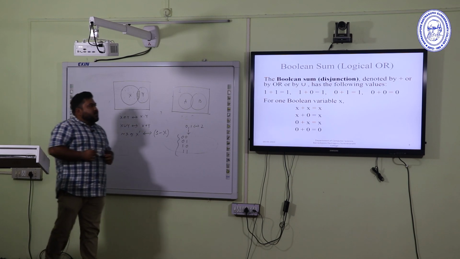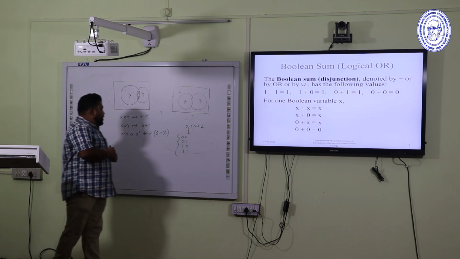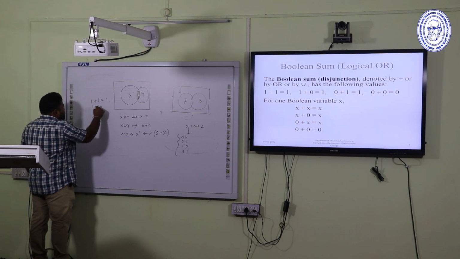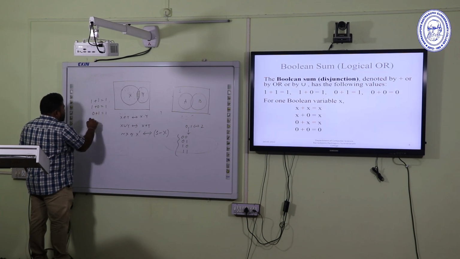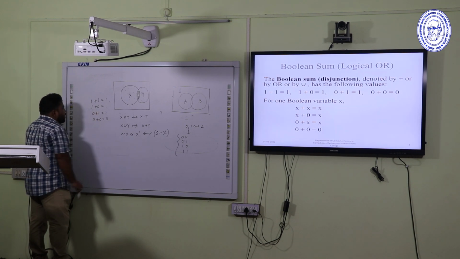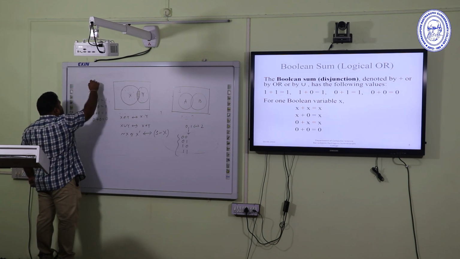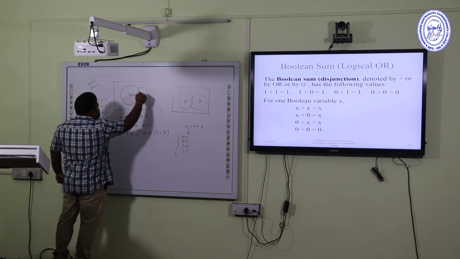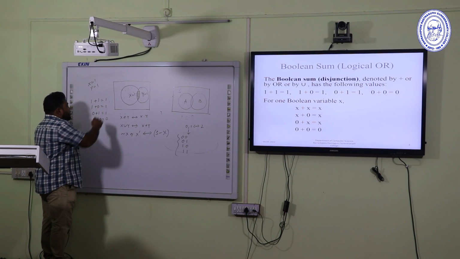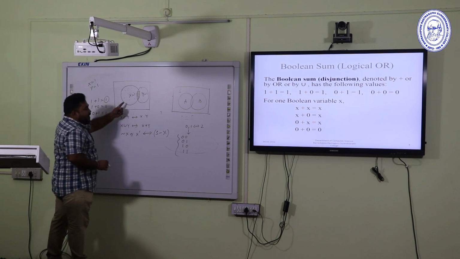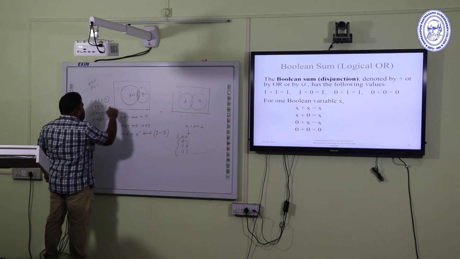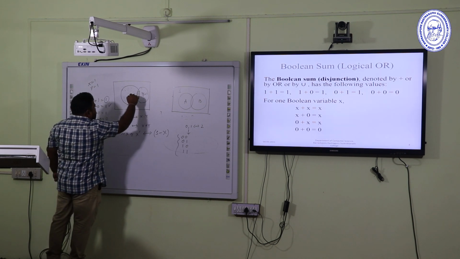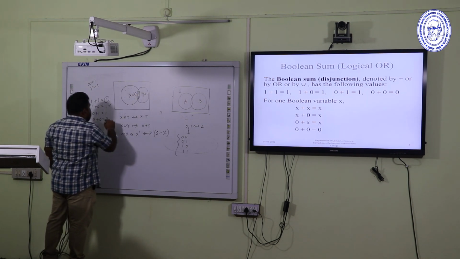So the Boolean sum or logical OR operation is like that: 1 plus 1 is equal to 1, 1 plus 0 is equal to 1, 0 plus 1 is equal to 1, 0 plus 0 is equal to 0. So if x is equal to 1 and y is also 1, then 1 plus 1 means this entire set, that means 1. 1 plus 0, here x is there but y is not there, so x is equal to 1, so this is 1. 0 plus 1, here x is equal to 0, but y is equal to 1, that is 1.